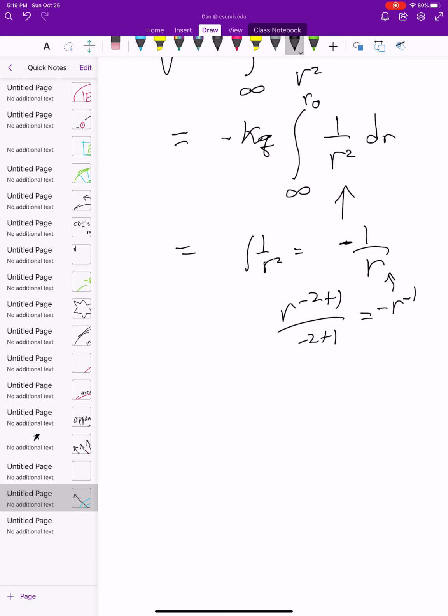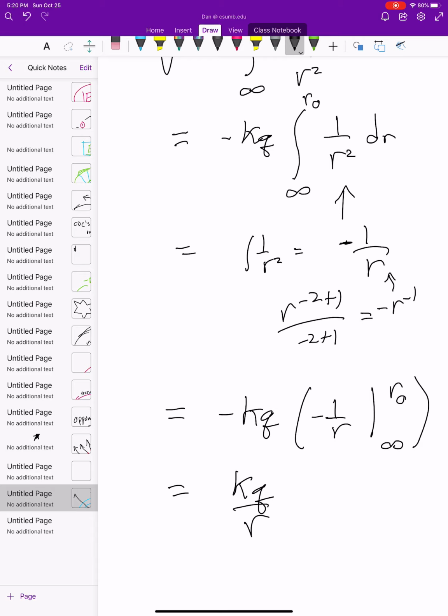Okay, so let's continue with this. Then we have minus kq times minus 1 over r, where r is evaluated between r0 and infinity. And if I simplify this, it becomes k times q divided by r, evaluated between r0 and infinity.